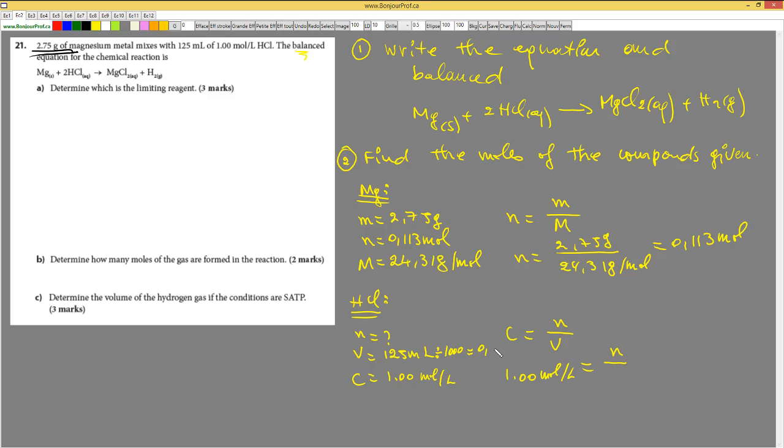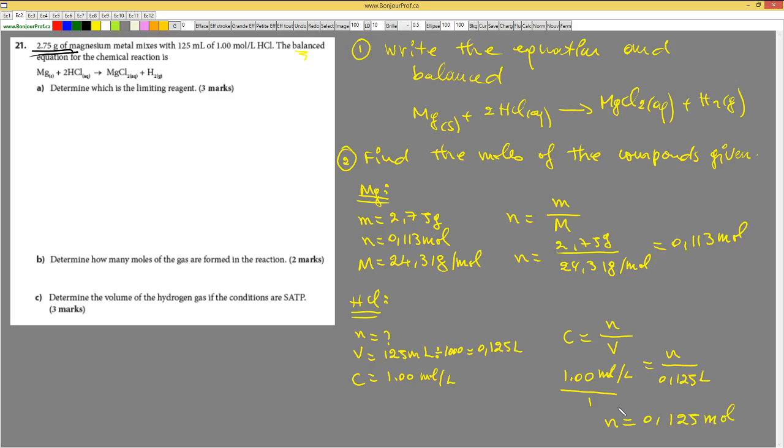It gives me 0.125 liters. And here I'm going to put C equals n divided by V. C equals what? 1.00 mole per liter equals n divided by V, 0.125 liters. This one will go over and give me n. It will be 0.125 mole.